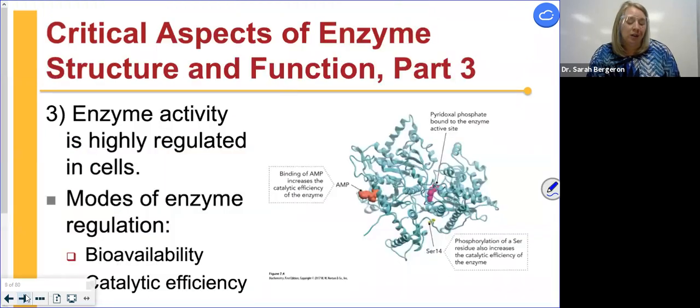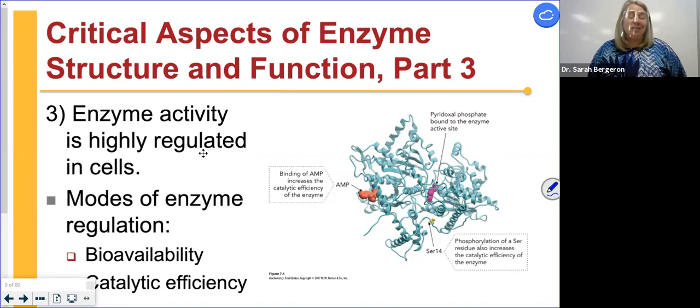Okay, all right, so another thing that's really important when we talk about enzymatic function: just because you have an enzyme, do you want it to work? Not all the time. You want it to be on call for when you need it, but you don't want it to constantly work.